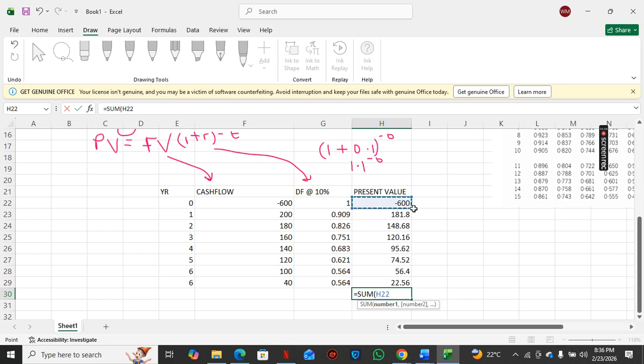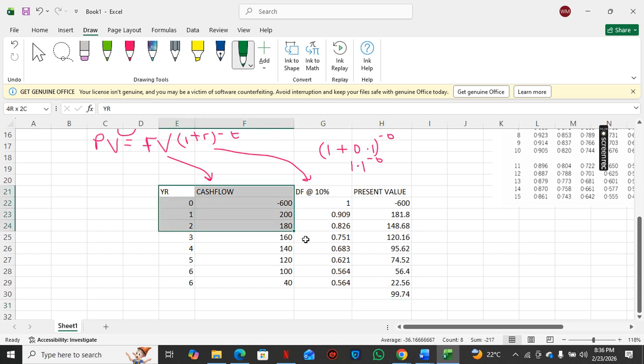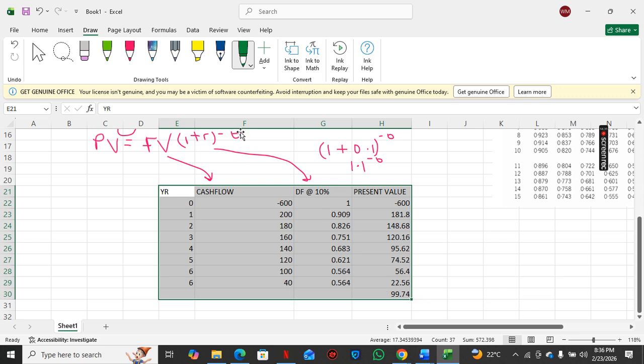Negative 600 plus 181.8 plus 148.6 plus 120.16 plus 95.6 plus this plus that, you get 99.74. Okay, that is phase 1.